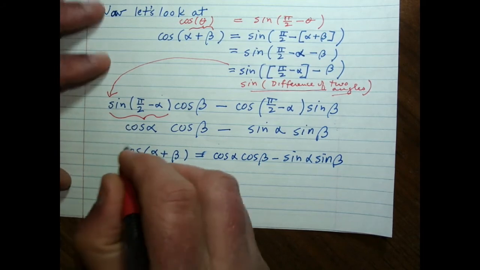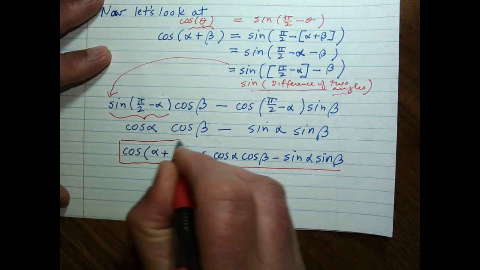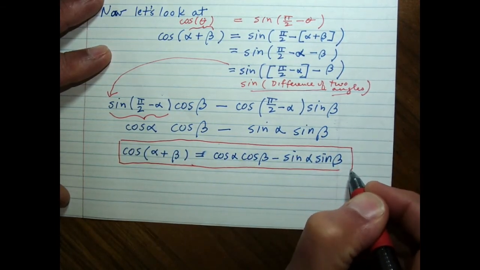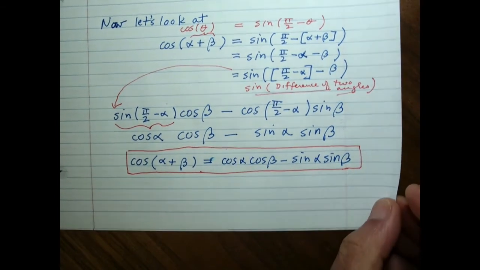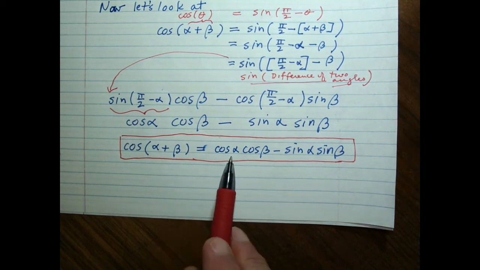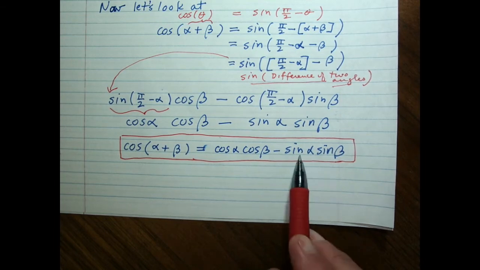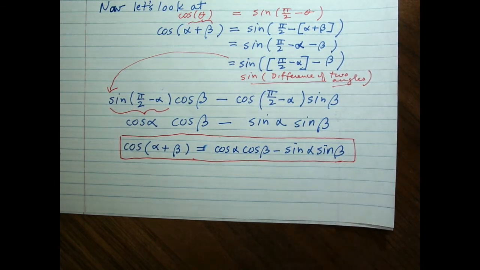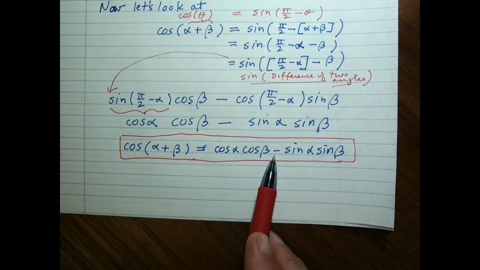And this is our identity for the cosine of the sum of two angles. It is different from the sine formulas because here we're multiplying two cosines in the first term and two sines in the second. We mix up sine and cosine in the sine formulas. Also, what's surprising is we got cosine of a sum here, but we end up with a minus sign in the identity.